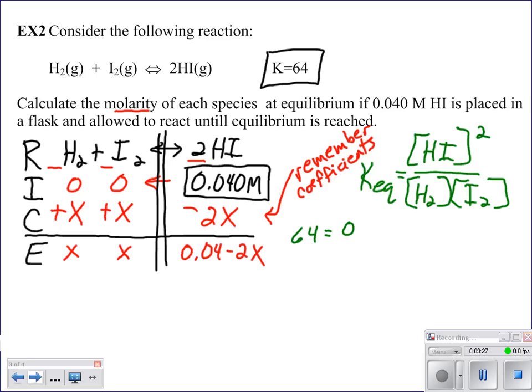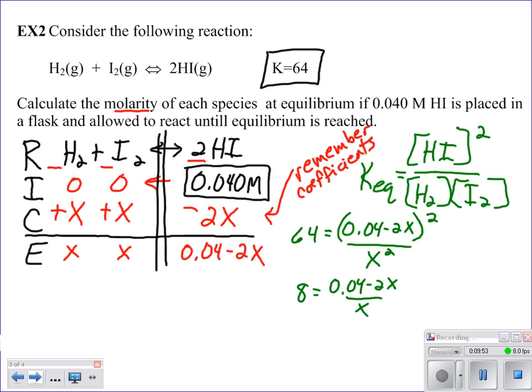On this one, I'm going to get 0.04 minus 2x. That's my HI, and I'm going to square that. And then I've got x and x, so I'm just going to say x squared down here. The easiest thing to do at this point is to just take the square root of each side. So you end up getting 8 equals 0.04 minus 2x over x.